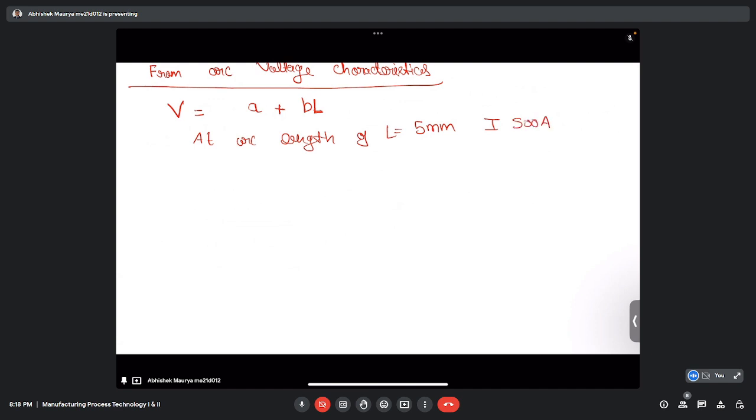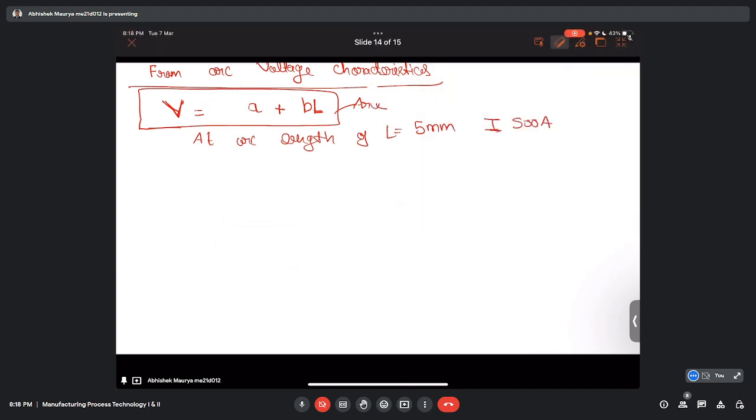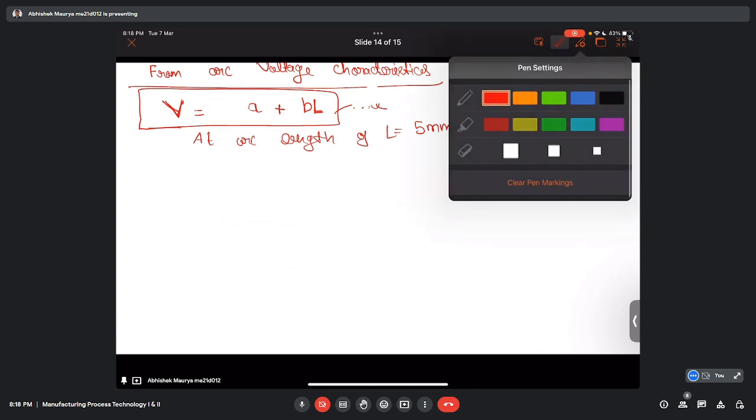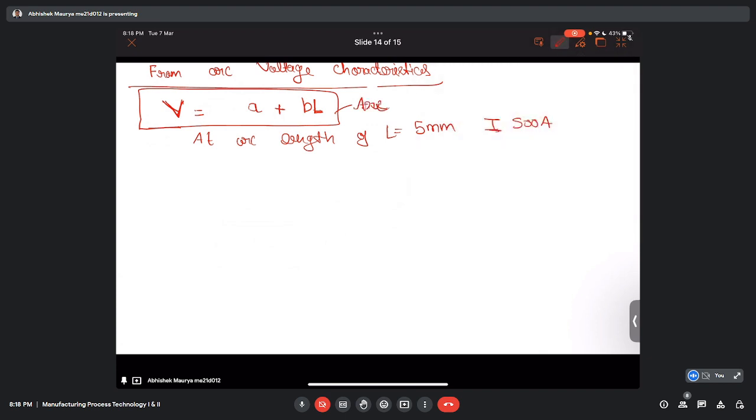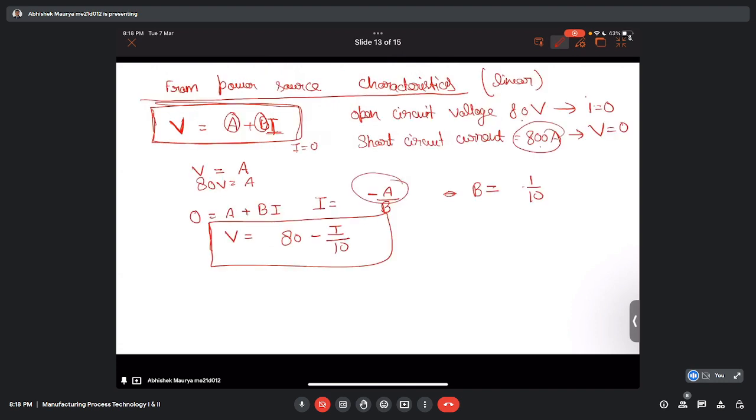So this is the voltage drop we have written down for the arc, and already we have found a voltage and current relationship from the power source characteristics.